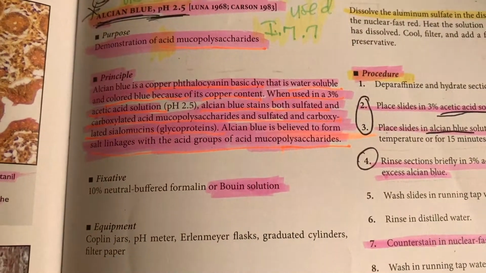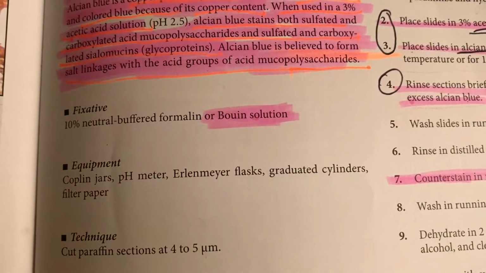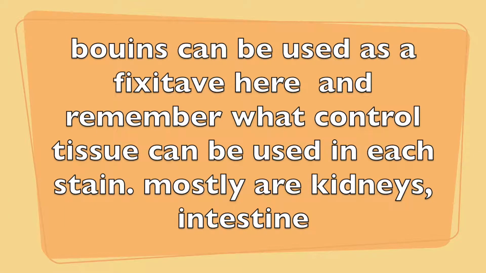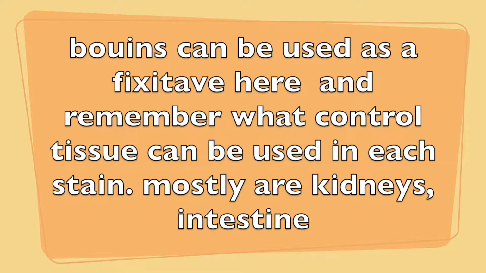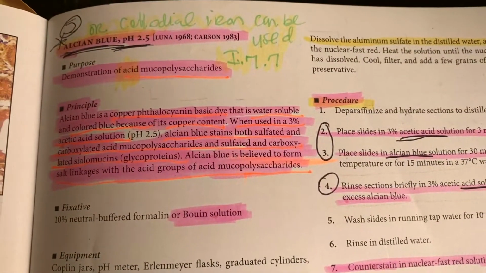Also know that you can use 10% neutral buffered formalin or Bouin's. If you go back to your fixation chapter and read about Bouin's, it will definitely say that it is good for demonstration of acid mucopolysaccharides. So right there, that's all 3 key words.